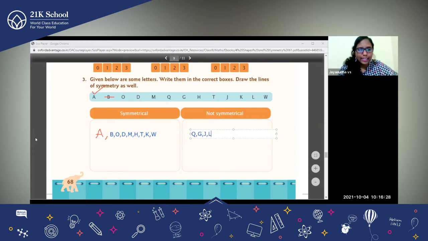Did you all get the same letters in the categories? Yeah? Okay, good, fine.